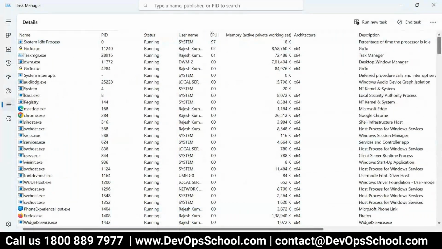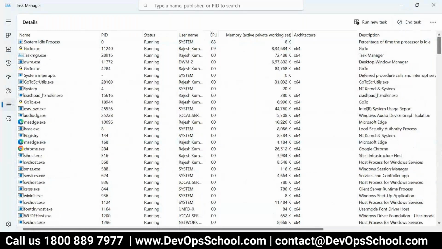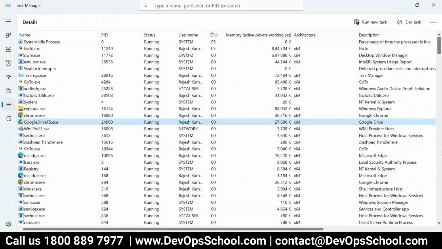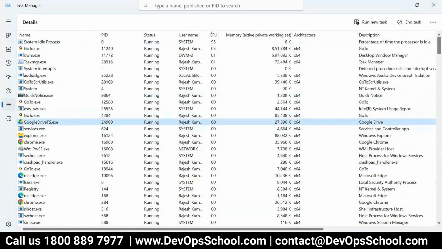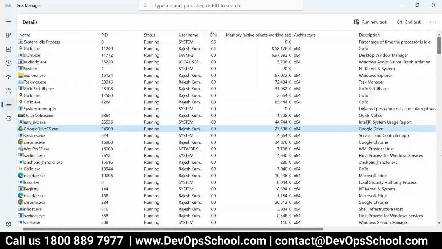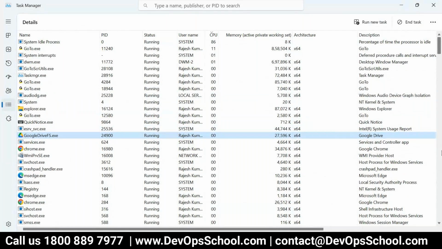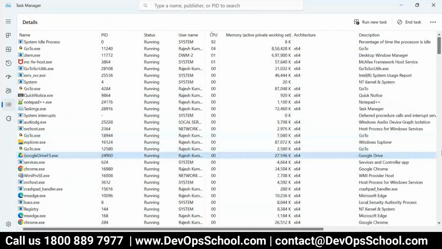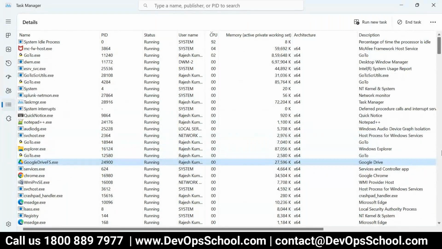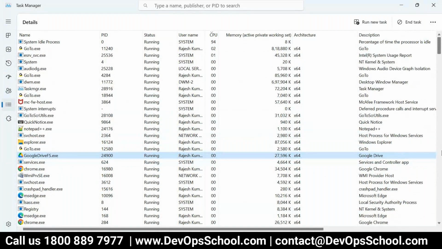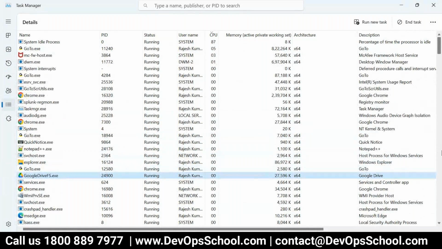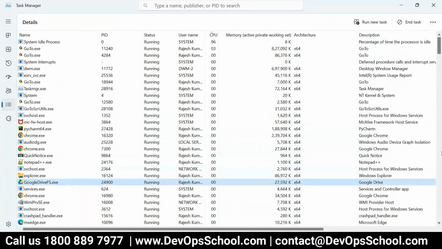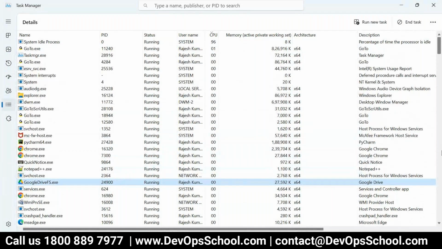Did you notice anything here in CPU? The allocation changes. So the CPU can be allocated only to one process at a time, and this CPU allocation switches context very fast.